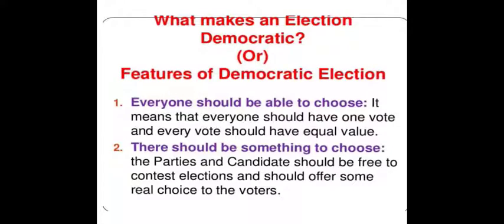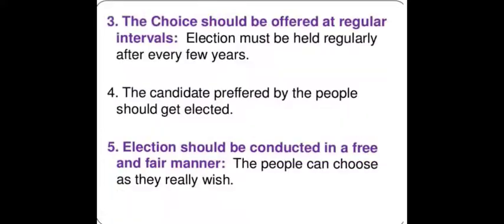That's why in our country we have a multi-party system. Third point, the choice should be offered at regular intervals, means after 5 years. After 5 years, elections are held in our country. Means elections must be held regularly after every few years, means after 5 or 6 years.